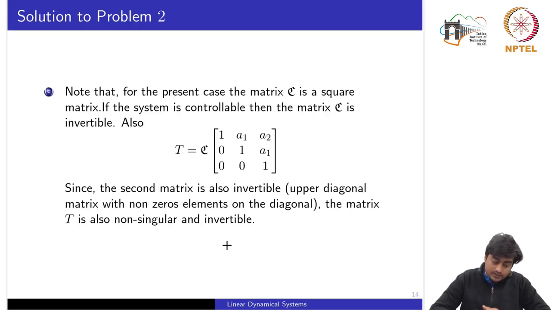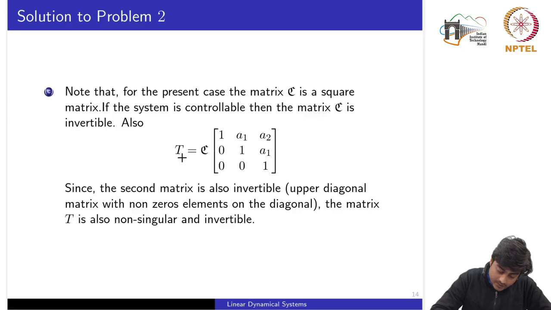About the non-singularity of the T matrix. So one of the concepts we had seen in the part 1 tutorial and also during the lecture slides, that the pre-multiplication and the post-multiplication by a non-singular matrix does not change the rank of the matrix.